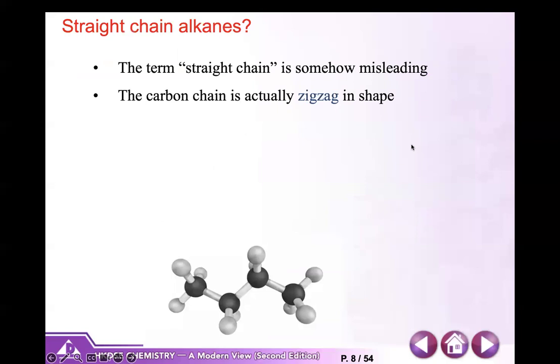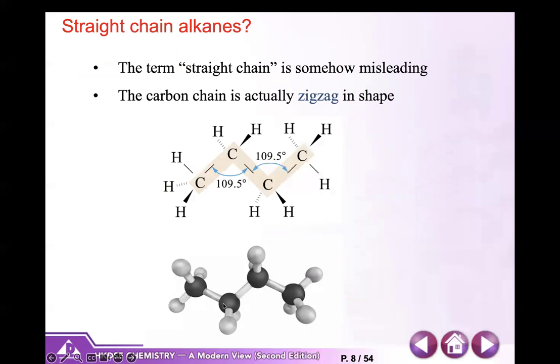Some of the facts that we need to talk about is the straight chain alkanes. In fact, most of the time, the term straight chain is somewhat misleading. So let's take a look at the ball and stick model. If you can see clearly, the ball and stick model is zigzag in shape.